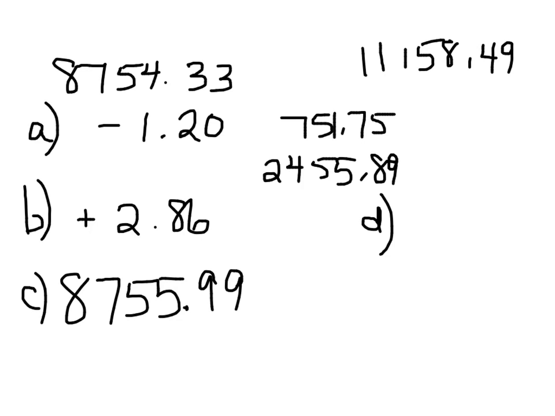So for part D, they want a total of your outstanding checks, debits, or payments. So add these two numbers together. What do you get? What's $751.75 plus $2,455.89?